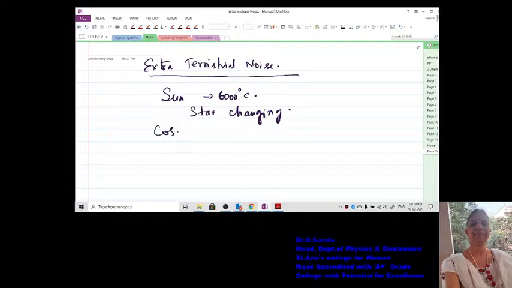Then the other one is cosmic noise. So the sun is changing, so it undergoes cycles of peak activity such as corona flares and sunspots.